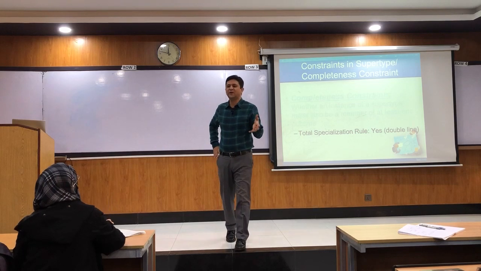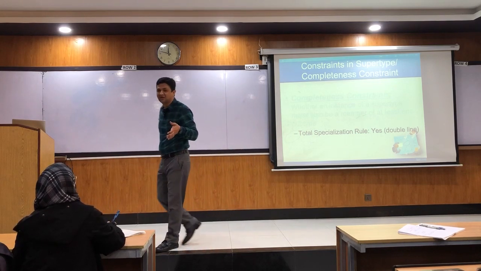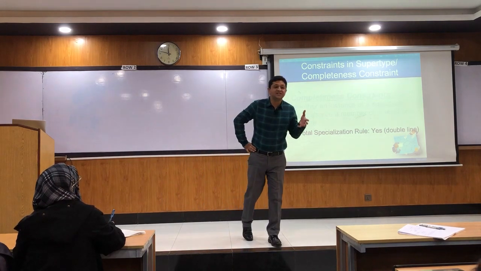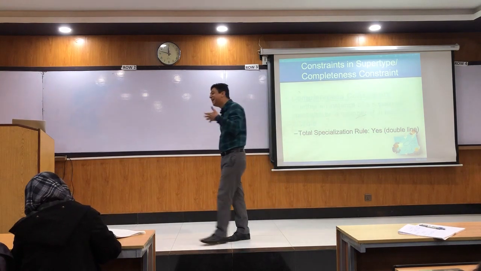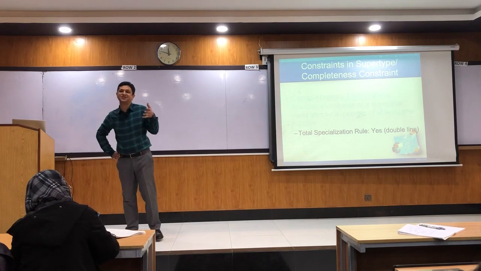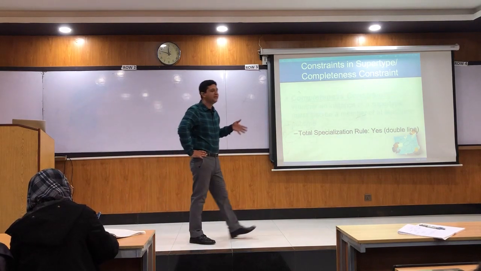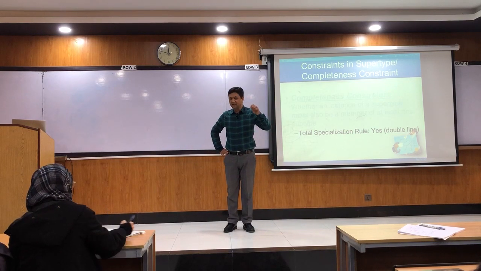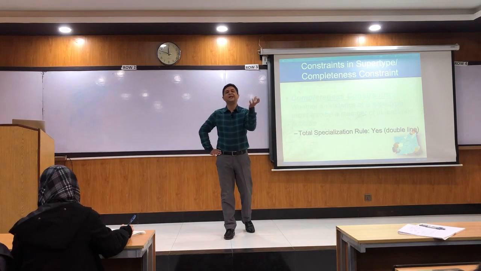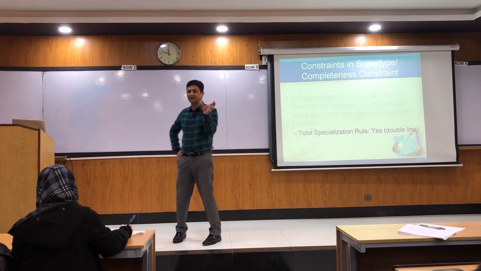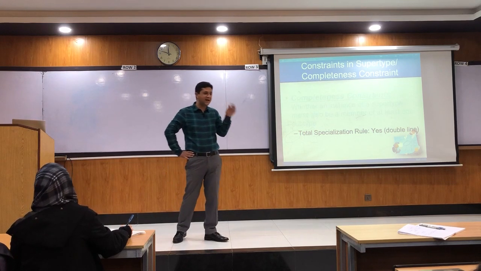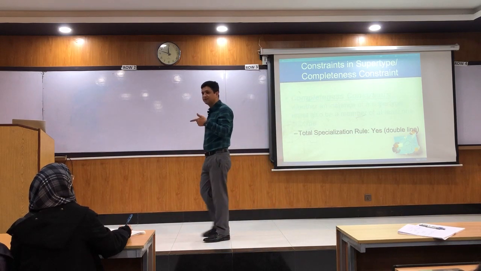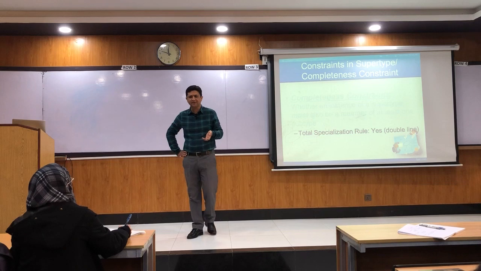So this total specialization is just like an abstract class, where you can inherit the class, but you cannot create an instance of that class. So if there is total specialization, you cannot add data to the supertype independently. That data has to be connected with one of the rows of one of the subtypes, right?